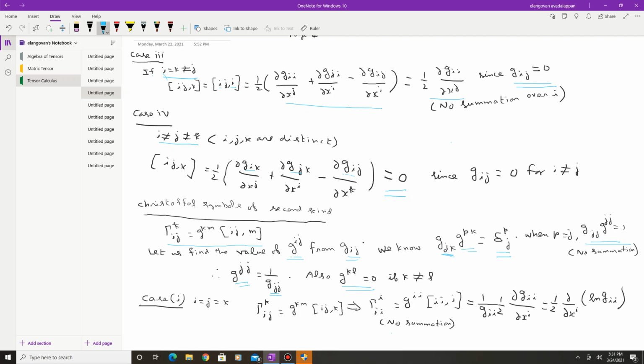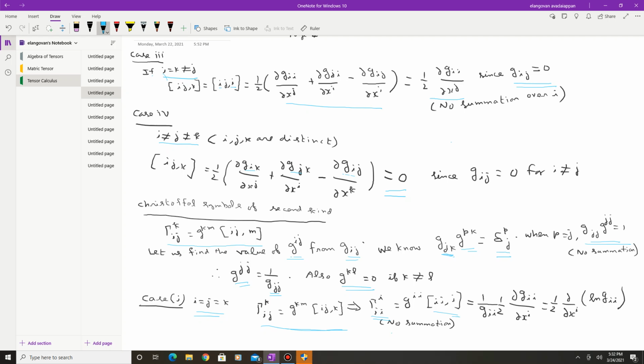Now let us consider the first case: i is equal to j is equal to k. According to the definition of the Christoffel symbols of the second kind, you put i, j, k all equal, and there is no summation over i. So according to the definition, this becomes g^ii times the Christoffel symbol of the first kind, [ii, i].